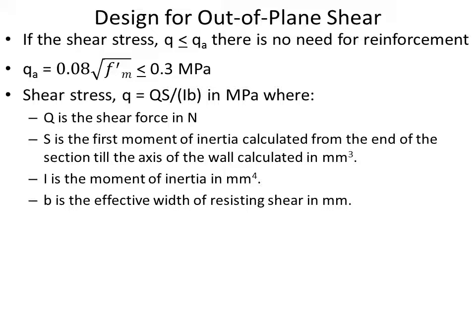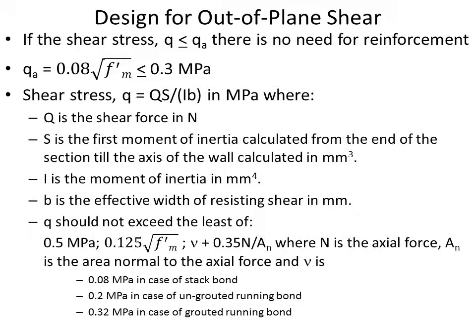This is one of the two equations giving the value of shear: the shear force multiplied by the first moment of area divided by the moment of inertia and the effective width. The other equation is simply the shear divided by the area, which is B times D. So there are two equations, and both are mentioned in the code for the same thing, which gives you the alternative that you could use either, actually.